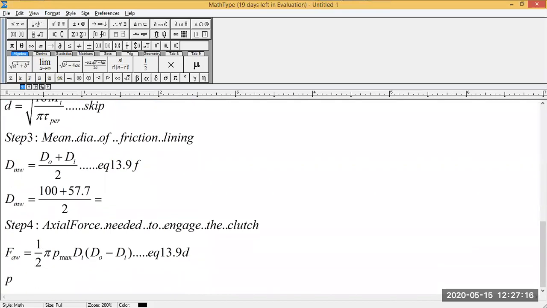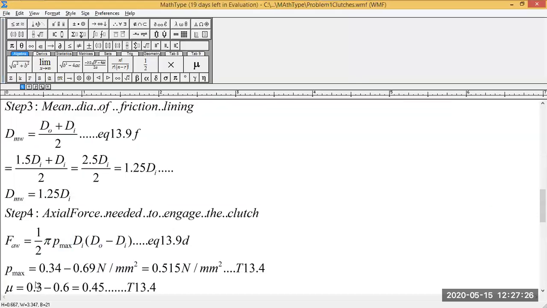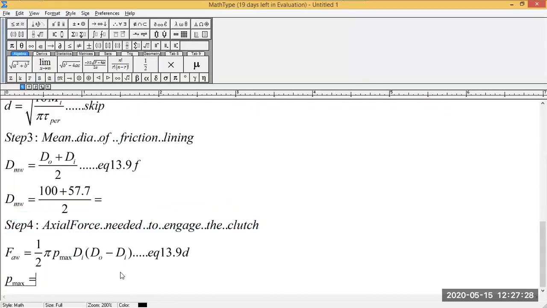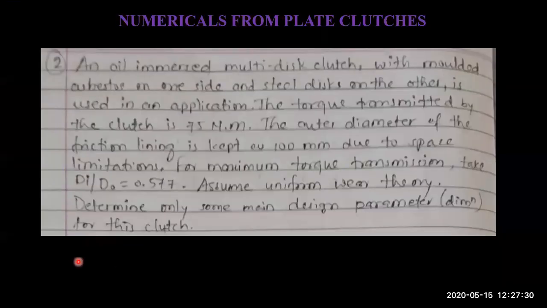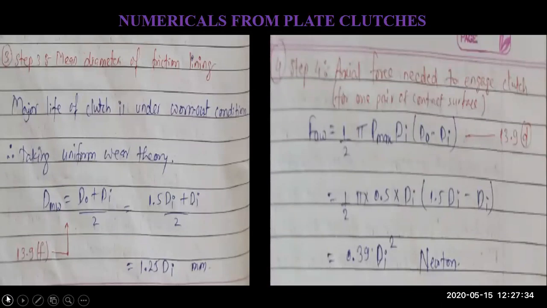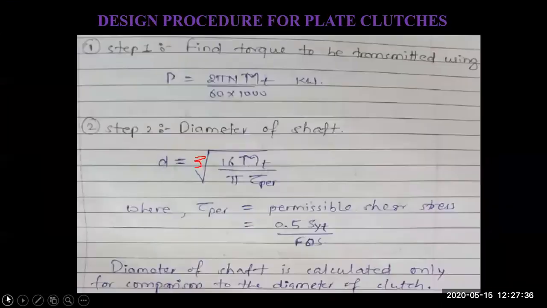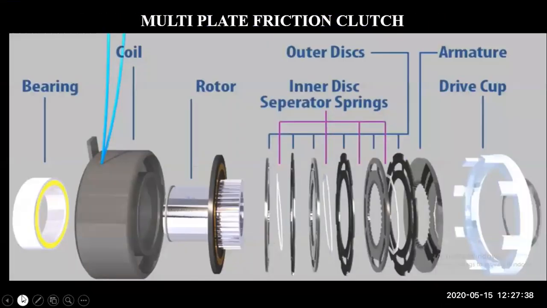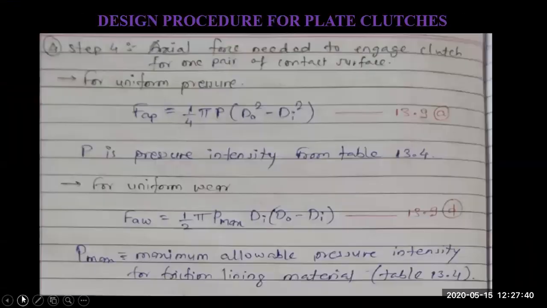So one by one we'll find out. Pmax is the maximum pressure. We'll get it from the table 13.4, sorry. So let's go back. Steps. Step 3. Oh yeah, this is step 4.